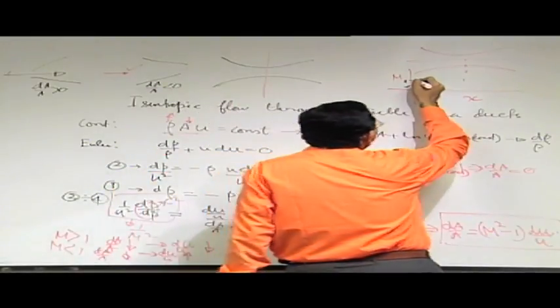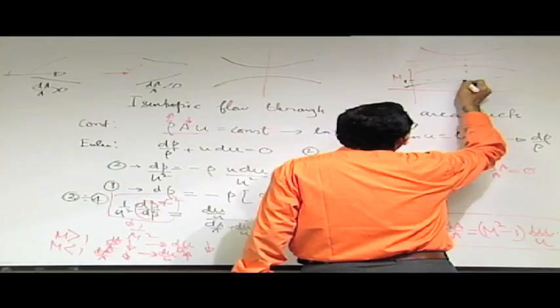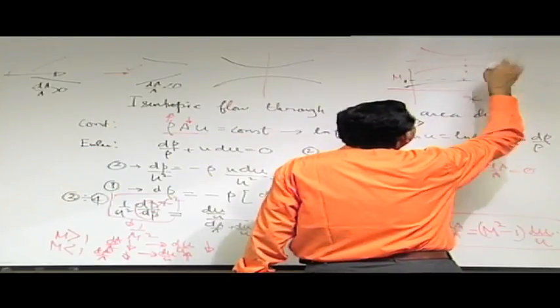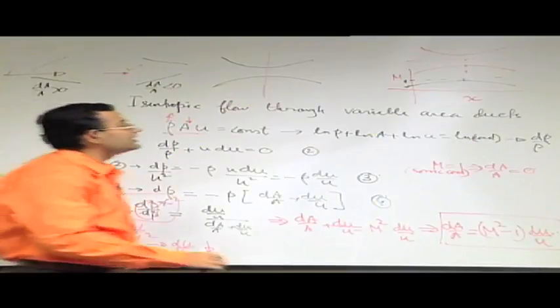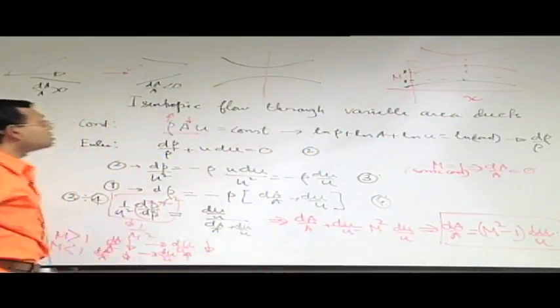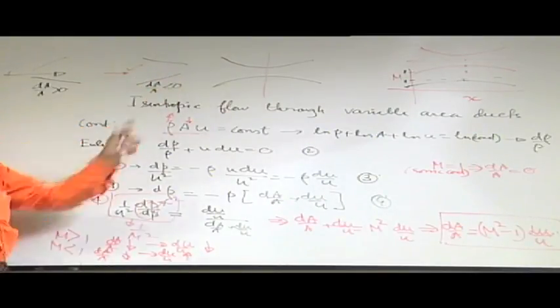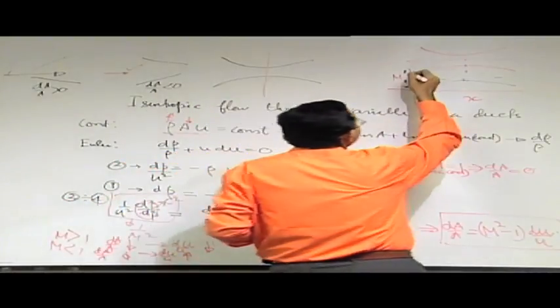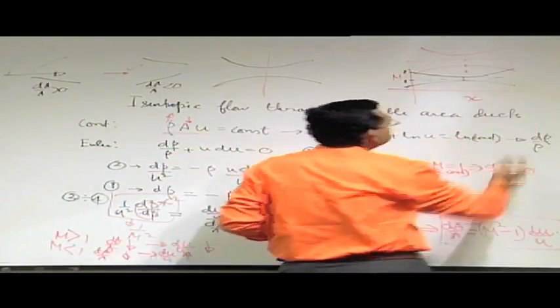So it may not achieve 1, but it will come to a maximum and then it will fall because the area variation is different. On the other hand, if the inlet Mach number is greater than 1, then the velocity will reduce in the converging section and therefore the Mach number will reduce. It will come to a minimum here and then will increase again.